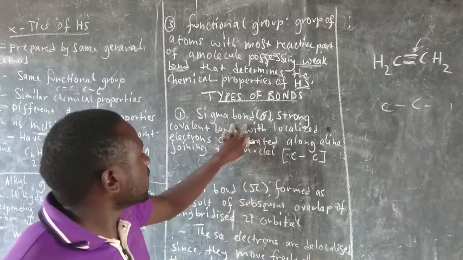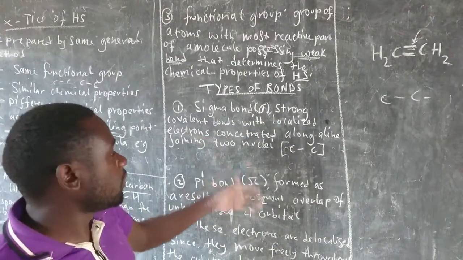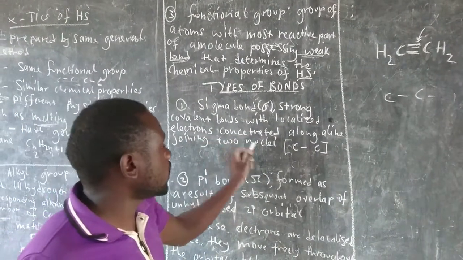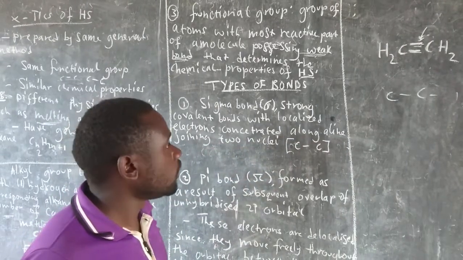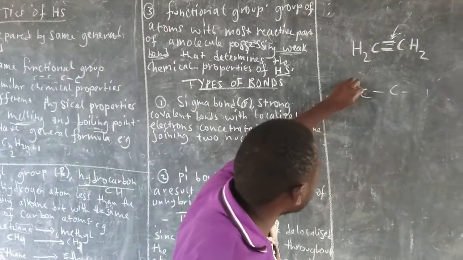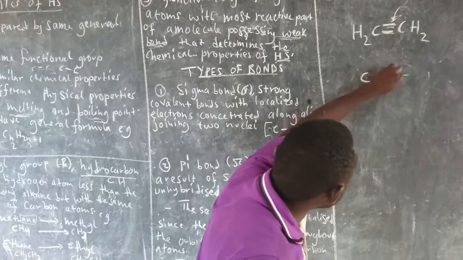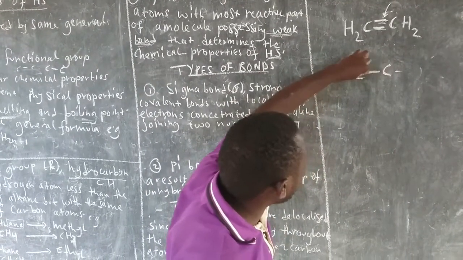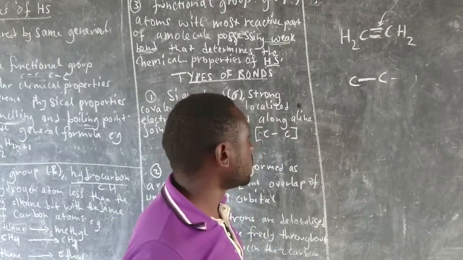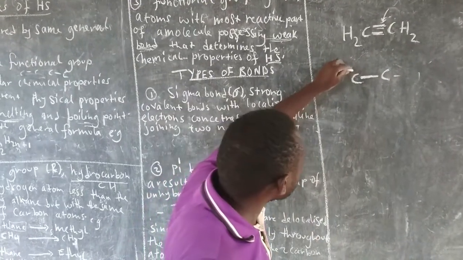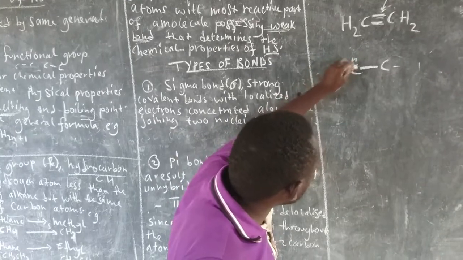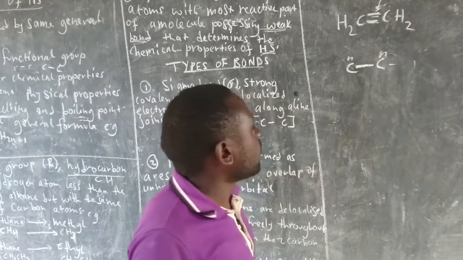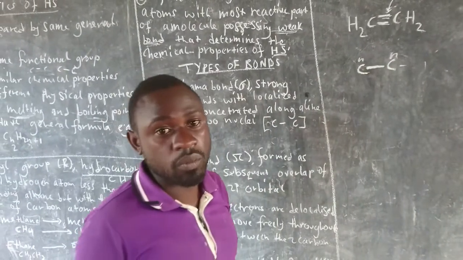Sigma bonds are strong covalent bonds with localized electrons concentrated along a line joining two nuclei. A good example is a carbon and another carbon. This single bond is what we call the sigma bond, because it joins the nucleus of this carbon atom to the nucleus of another carbon atom.